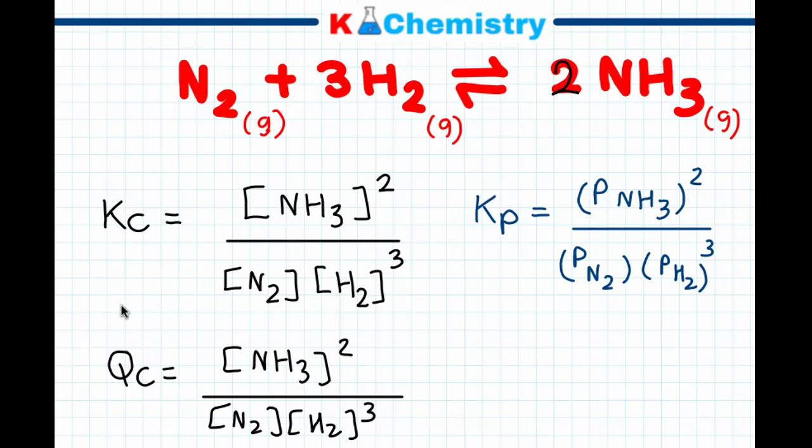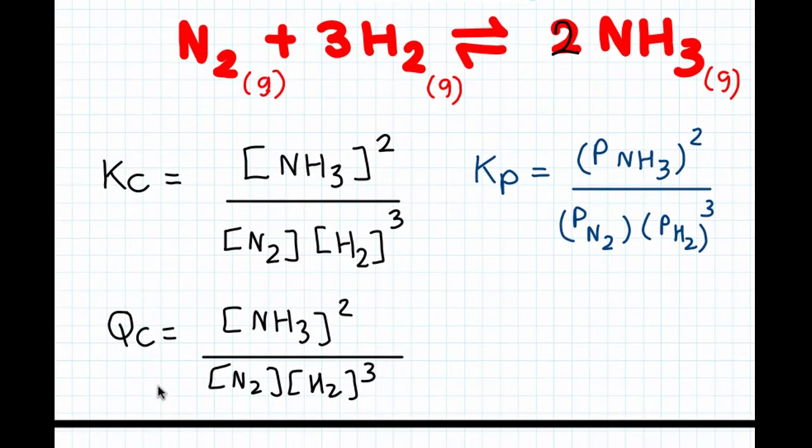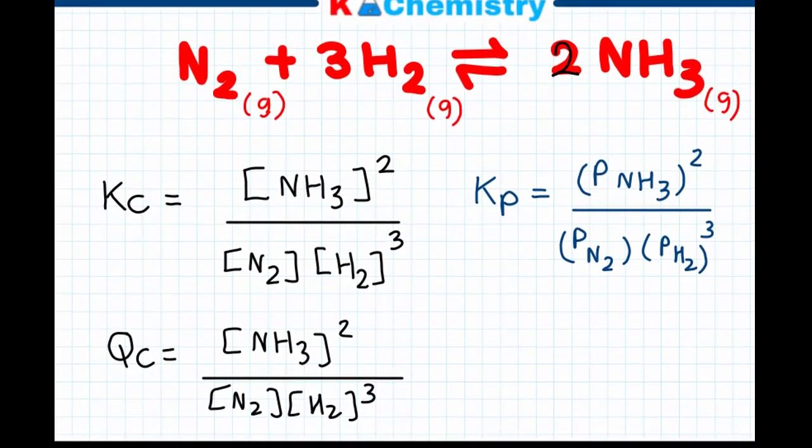The difference is that for the Kc expression, we have all our concentrations at equilibrium. And here in the Qc, the concentrations of nitrogen, hydrogen and ammonia are at any point, which is not necessarily the equilibrium time. So the moment in time might be at equilibrium or might not be. If Qc is equal to Kc, then the point that you are asking about is equilibrium.